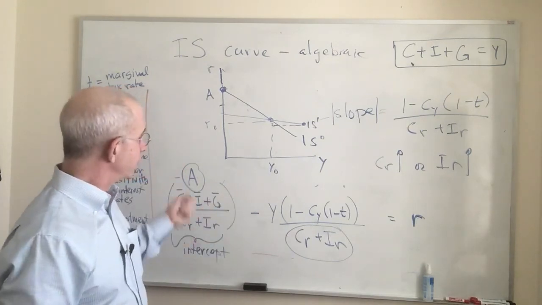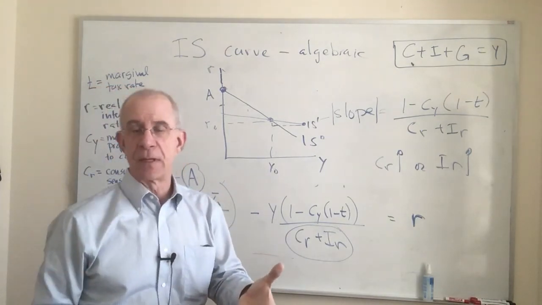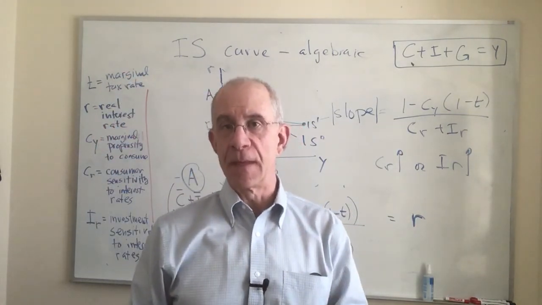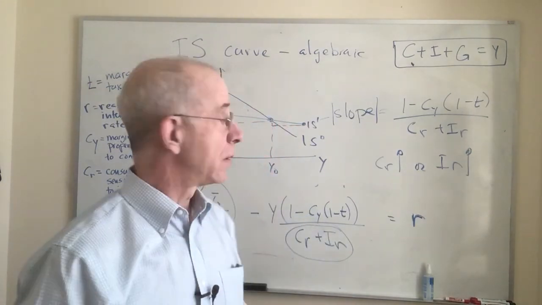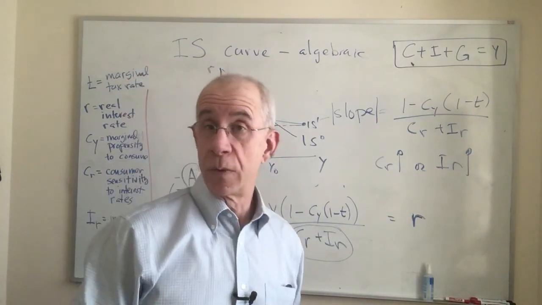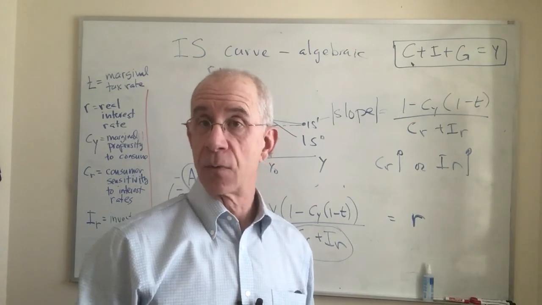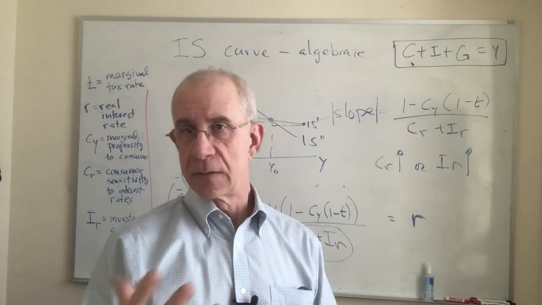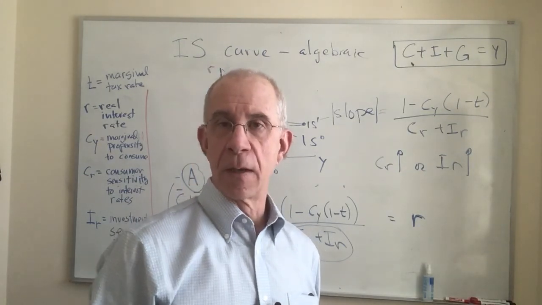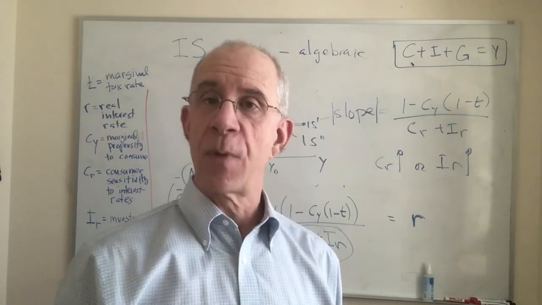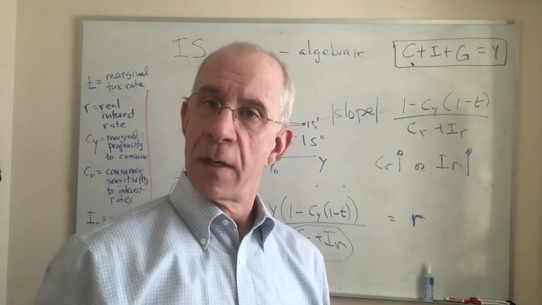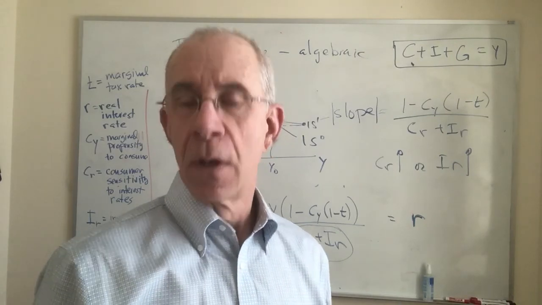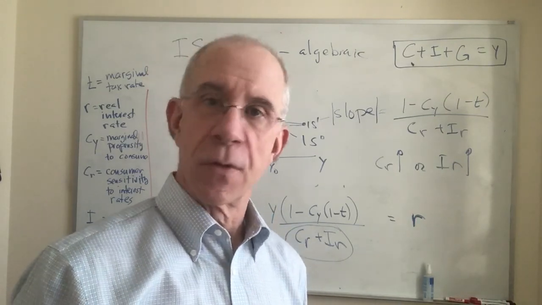So you could provide numbers for these various values and derive a specific level of national income with those numbers, which would be a good homework exercise to allow you to see how these relationships work in a particular example. Okay, so that's an algebraic version of the IS curve, a bit of algebra, but it has the same flavor as the purely graphical version that we did before.